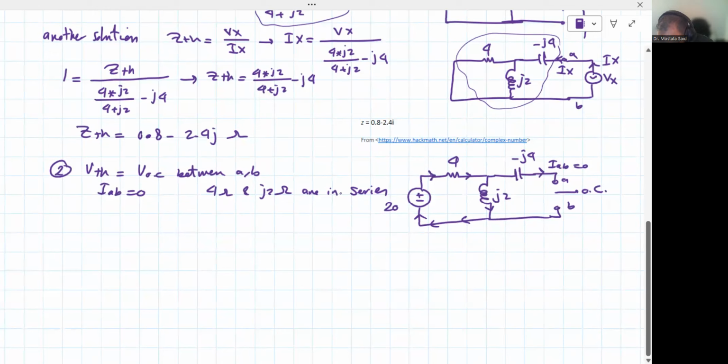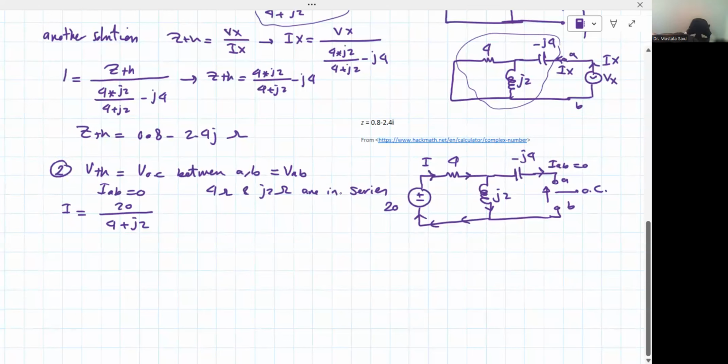Let's determine this current. Let's call it I. So I is equal to 20 divided by 4 plus j2. Do we want I? No, we don't want I. We want V Thevenin, the open circuit voltage between A and B.